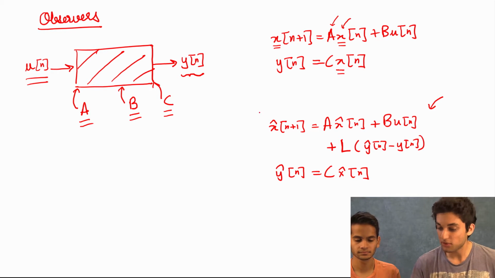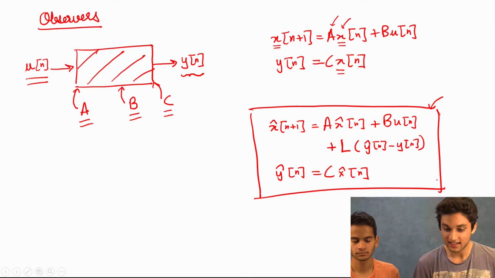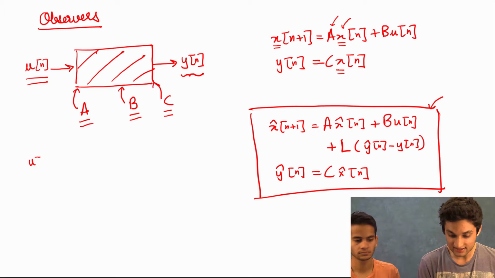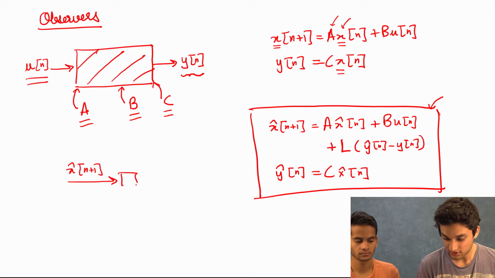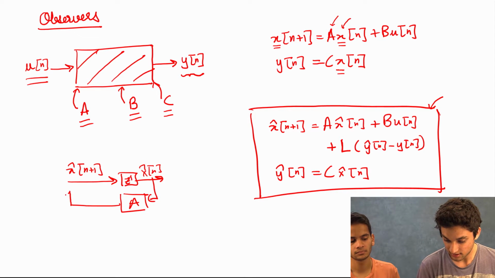Now, the whole point of constructing this other system is that it's not really a black box system anymore. So this delays by 1. I get x hat of n. This goes back through A, comes back to a plus.